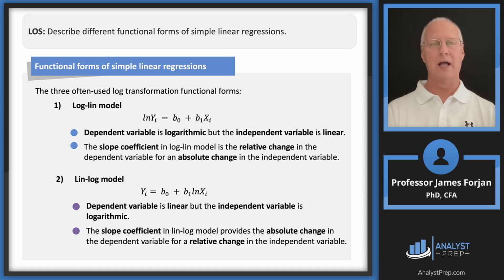All right, this final LOS asks us to evaluate the relationship between a dependent variable and an independent variable if one or both of those variables are not linear. Remember in part 1, we talked about the assumptions of the simple linear regression model, that there is a linear relationship. Well, we have done this in a previous learning module in which we said, you know what, some variables are nearly linear.